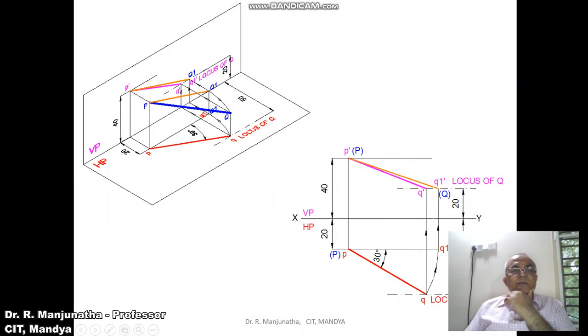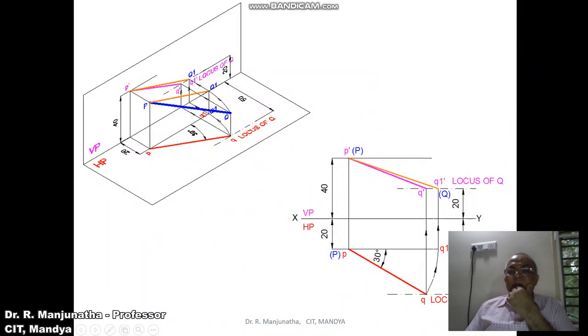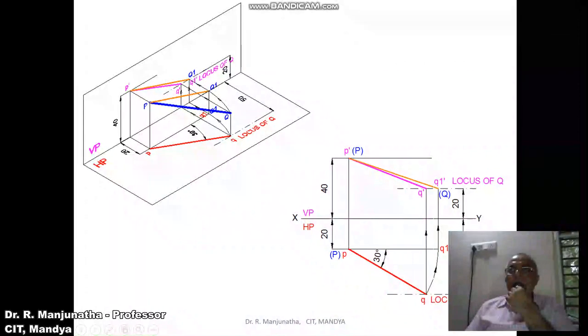So this is the front view, this is the top view, and this will be the top front view. So when it is projected, it will be in space. Here, this PQ is the line which is in space. Similarly, that's what we have shown here. So we know above HP and in front of VP of P, and similarly above HP and in front of VP of Q. So we have the locus of Q in the front view and also the locus of Q in the top view.